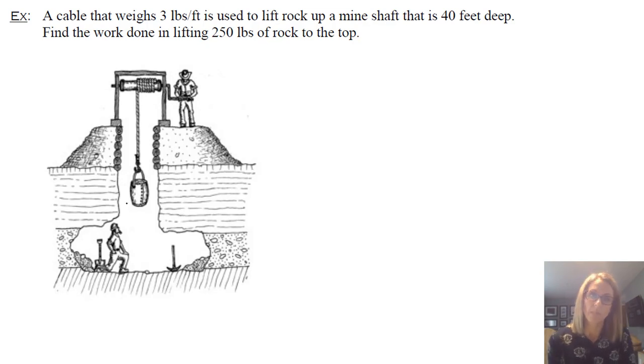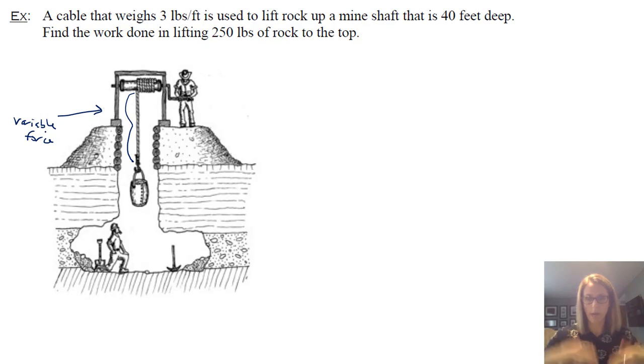So the idea here is you have this cable. Now this cable is a variable force, and that's because depending on how much of the cable is down and how much of the cable is up, it weighs less. Imagine pulling something up to the top of some space.